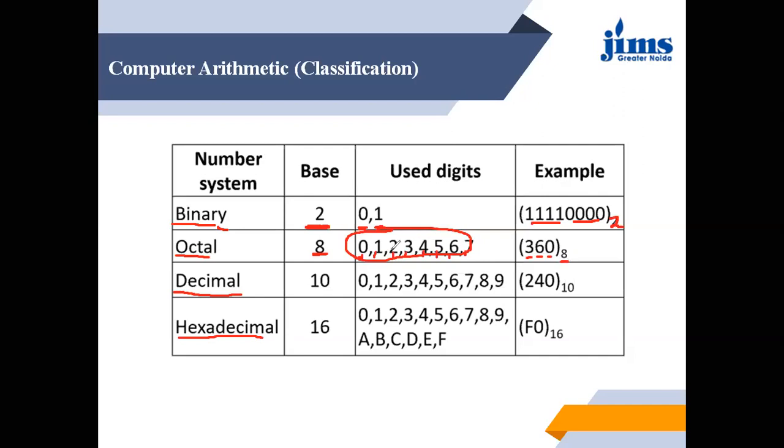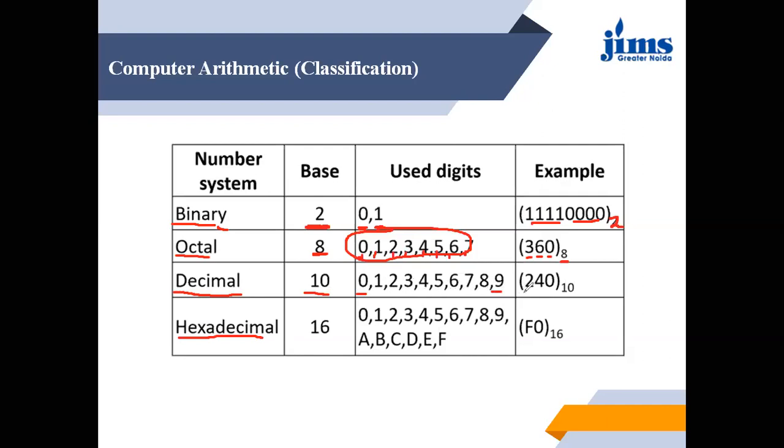Then the decimal number system, that we are using in our day-to-day life. Here, the base of the decimal number system is 10. It means it has total 10 different digits from 0 to 9, and we can represent any decimal number using these digits.